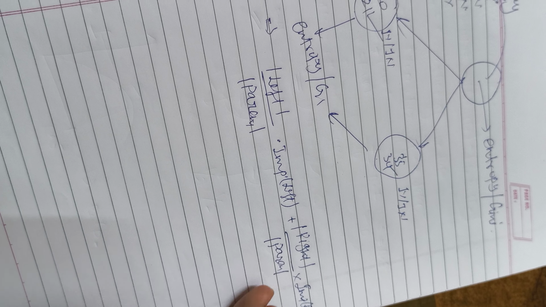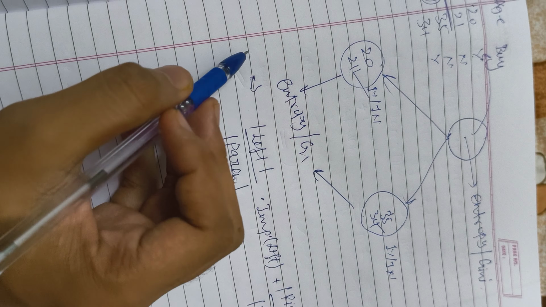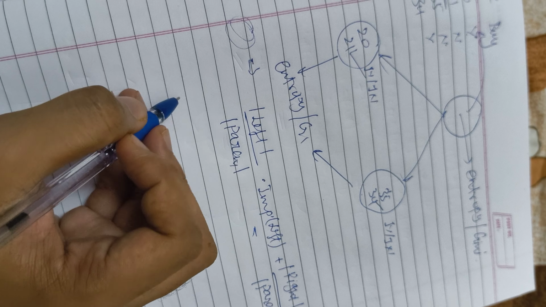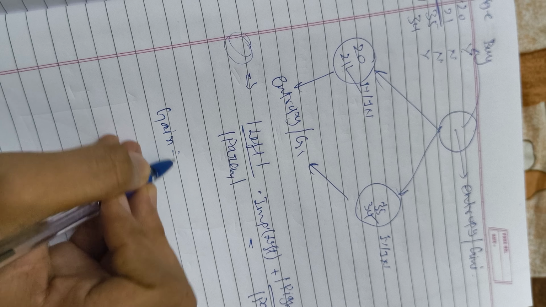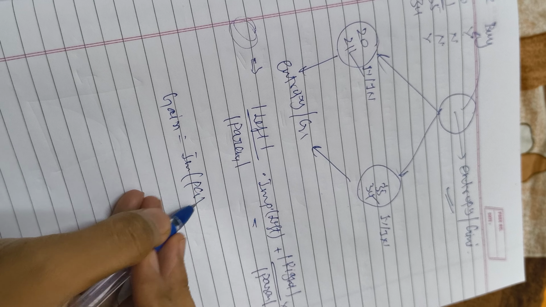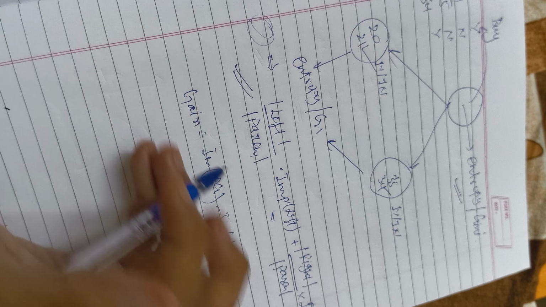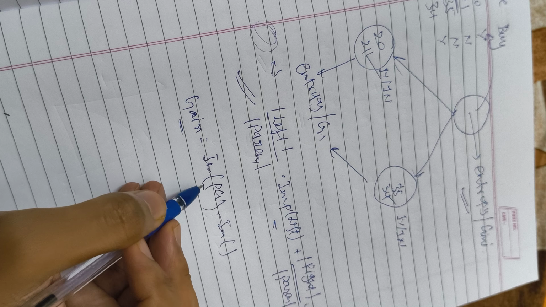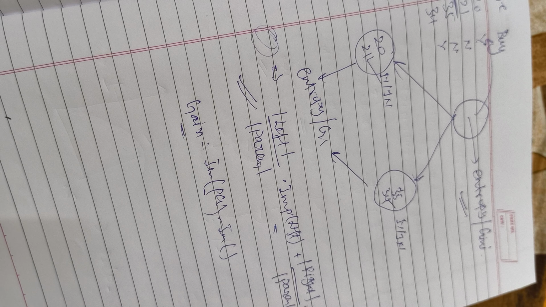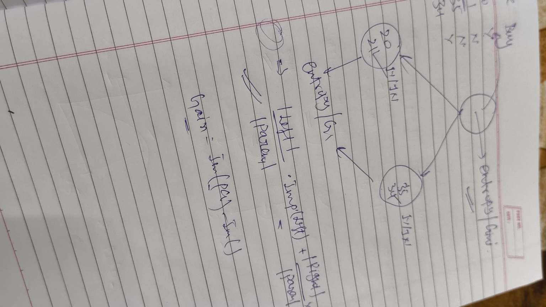So I will get this impurity for the children nodes, combined left and right. Then I will check the gain. Gain will be the impurity of the parent, which I have calculated here, minus the impurity of my child, which I have calculated here. On subtracting, we see whether the entropy of the parent node has reduced or not.